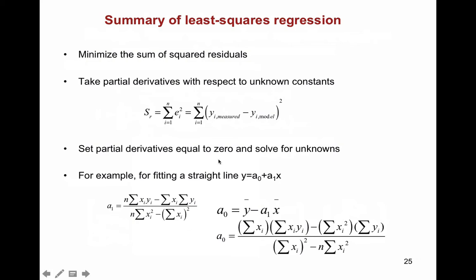Those are squares of residuals, and I'm trying to minimize this sum. Okay? I set the partial derivatives equal to 0 and figure out what my linear system is for the unknowns. Hopefully it's a linear system. And for example, if I wanted a straight line, I would get basic formulas for this straight line based on the data. Okay? And that's what we programmed in class.